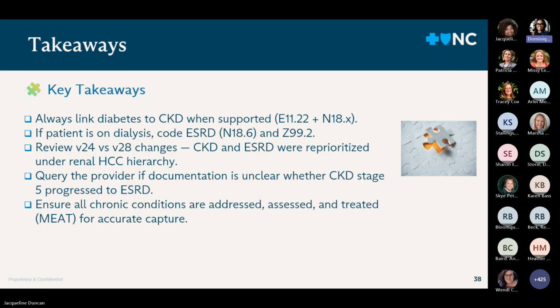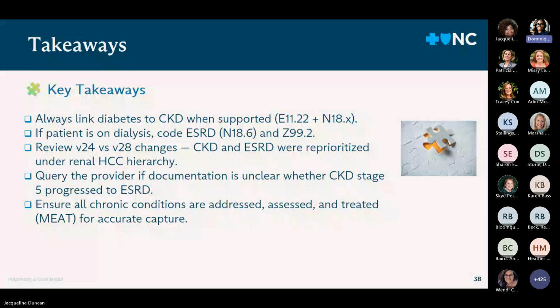When diabetes contributes to kidney disease, be sure the linkage is clearly documented so the correct combination codes, such as E11.22 with the appropriate N18 series staging, can be assigned. If the patient is receiving dialysis, both ESRD N18.6 and dialysis dependence Z99.2 must be captured to reflect true severity.